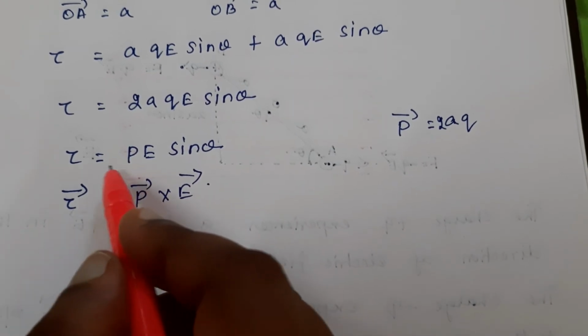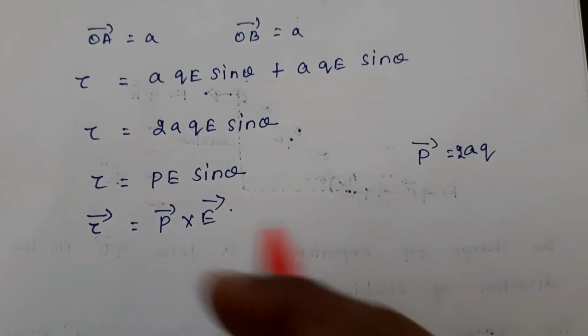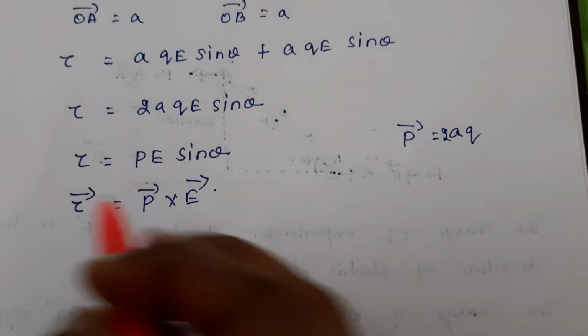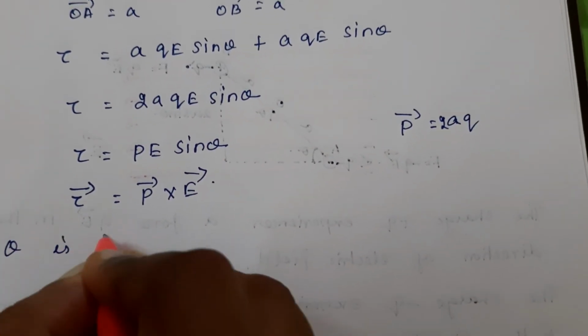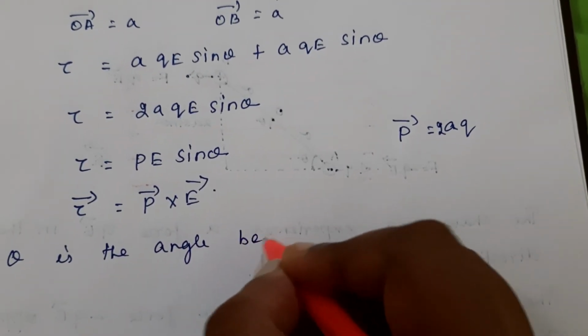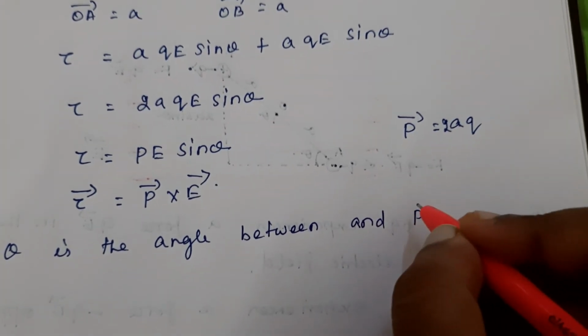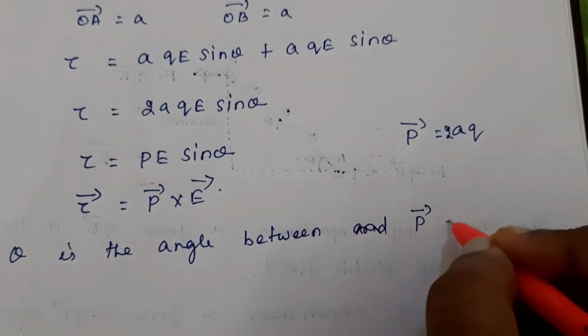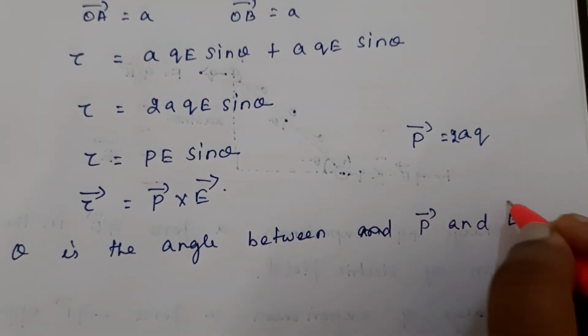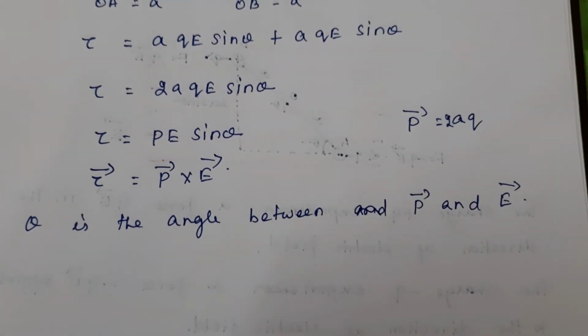So tau is equal to P cross E vector. Now what is theta here? Theta is the angle between P and E, that is the dipole moment and the electric field.